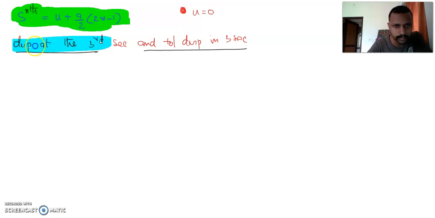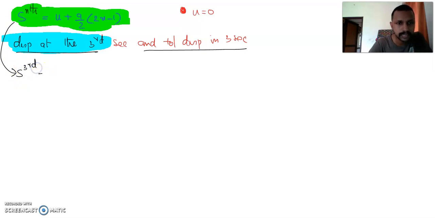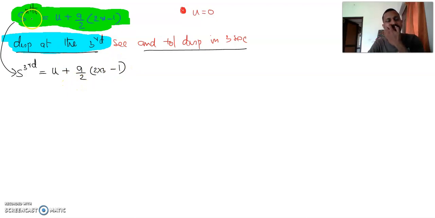In order to find out the displacement at the third second, you will have to use this particular formula. Displacement at the nth second is u plus a by 2 into (2n minus 1), so displacement at the third second is u plus a by 2 into (2 into 3 minus 1).